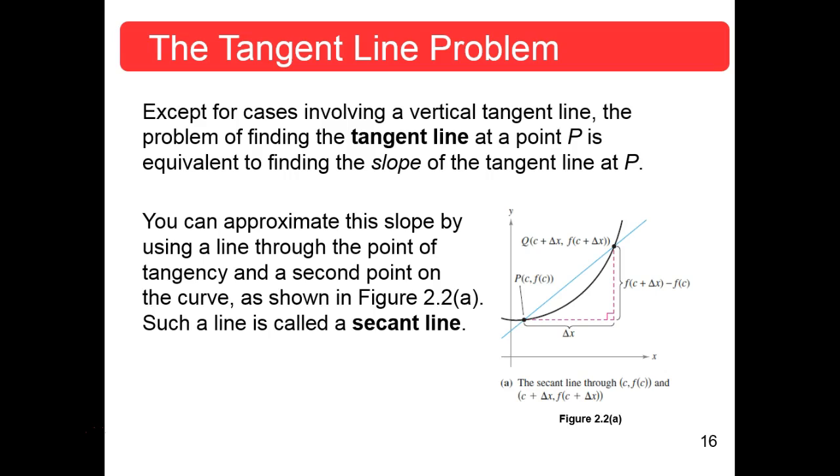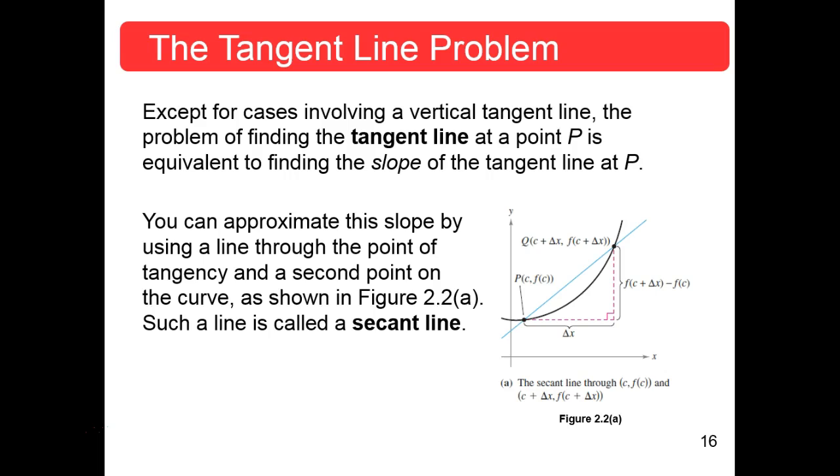So the slope of the secant line is... I'm sorry, I said that wrong. f of c plus delta x minus f of c, divided by c plus delta x minus c.